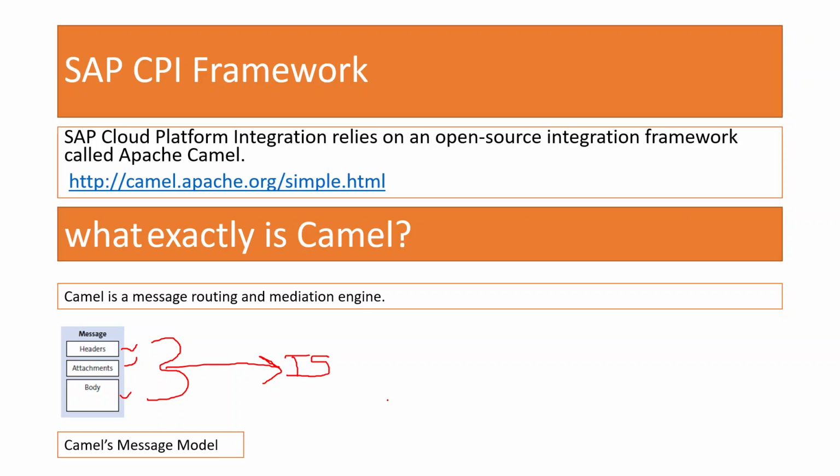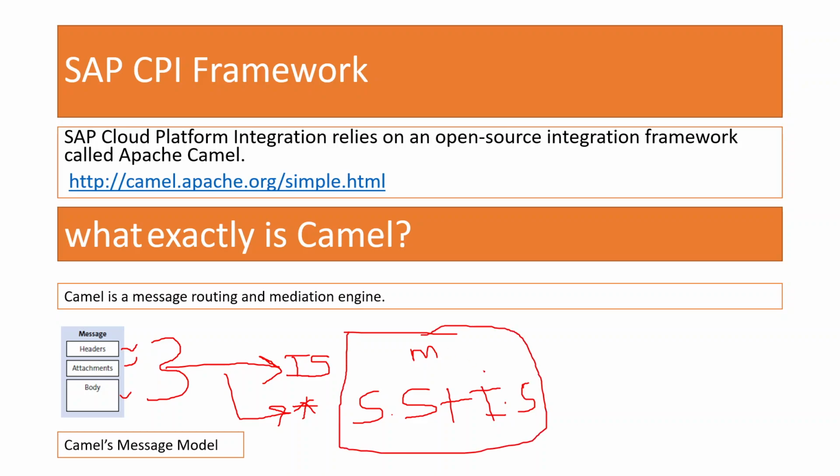When it reaches the integration suite, if you allow the headers, the message may contain the headers from the source system plus the integration suite headers, right? And this is the message inside the integration suite.